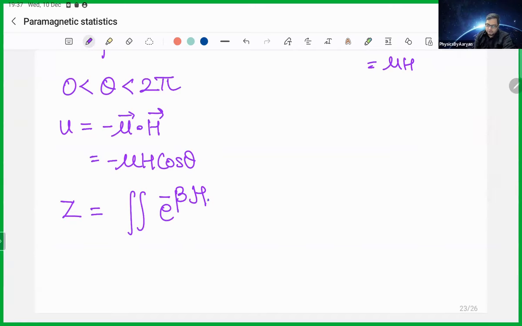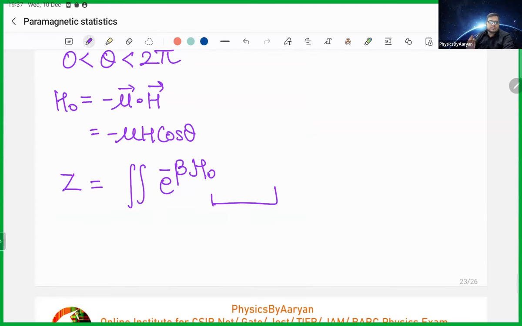Then you have integrals like dp, dq. But in this case, your energy is not depending upon position or momentum, it is depending upon angles. So we have to treat it in a spherical polar coordinate system.